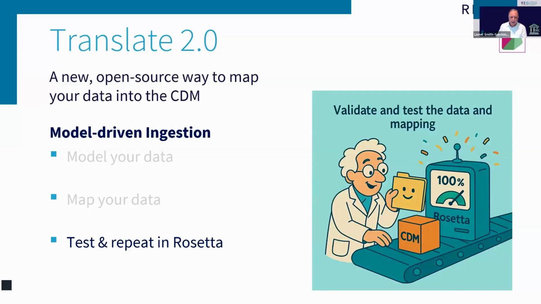And then the third step is to test that and then to iterate. So you can see in the graphic on the right, 100%. You want to get to a test situation where you've got all of your data mapped and the validations are showing that. And we feel the best way to do that is to iterate through rounds of modeling and mapping and testing to drive the completeness up.